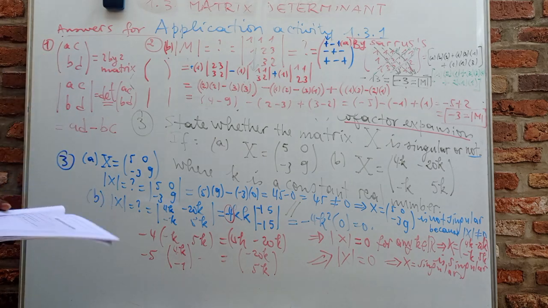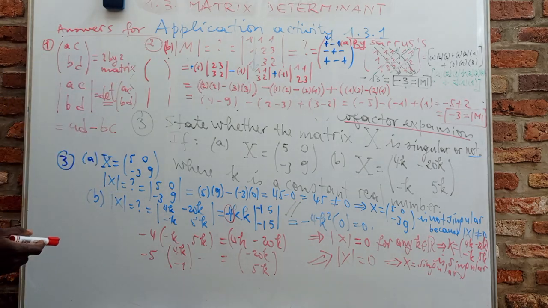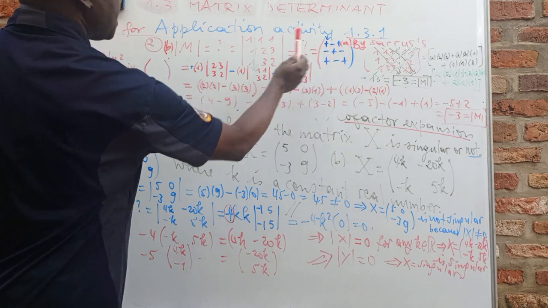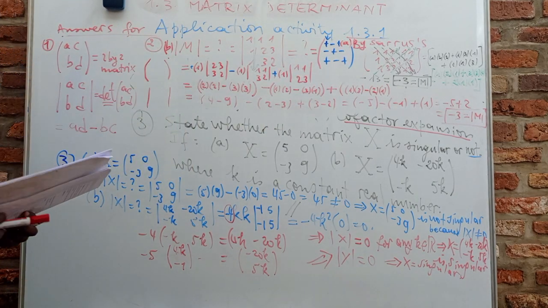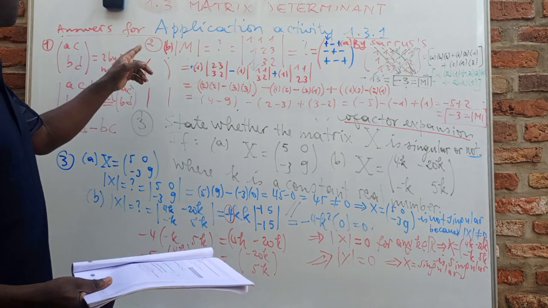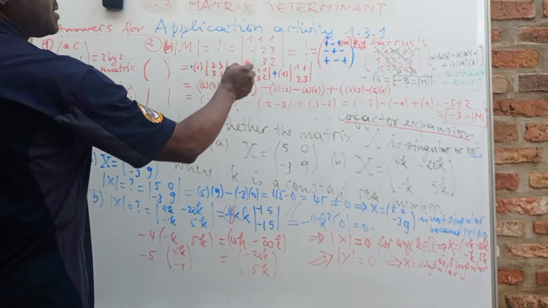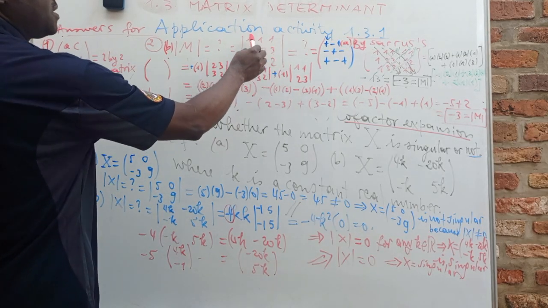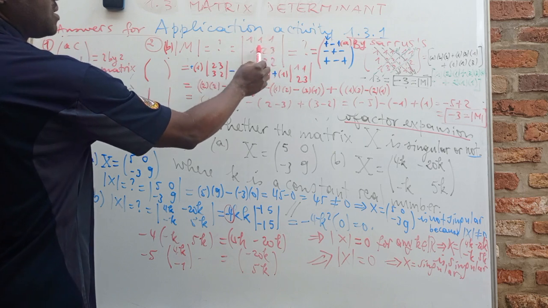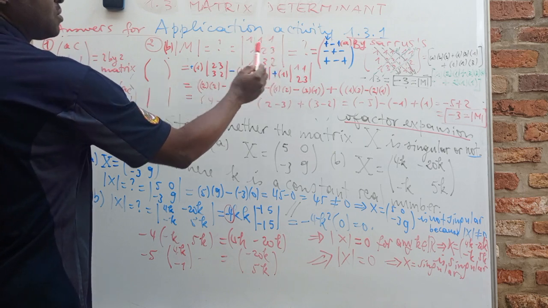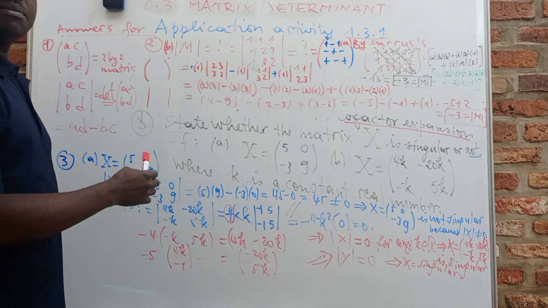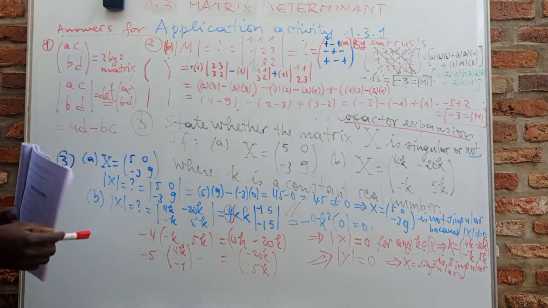So question number two had two sub-questions, A and B. For A, the question was to calculate the determinant of this matrix 1, 1, 1, 1, 2, 3, 1, 3, 2. So the 3 by 3 matrix, to find the determinant.